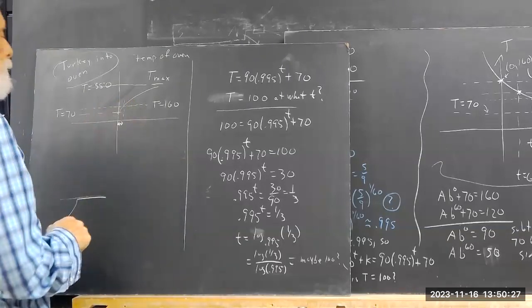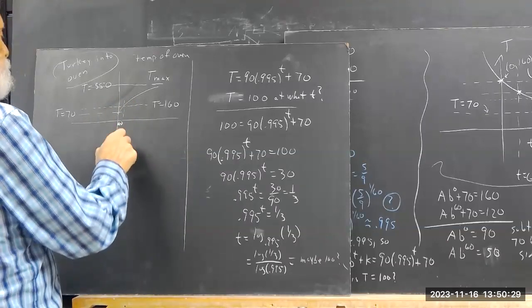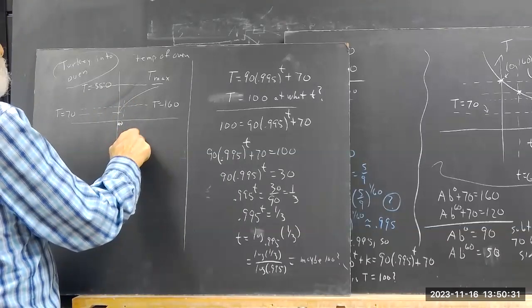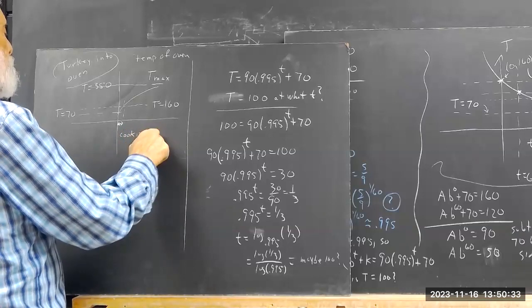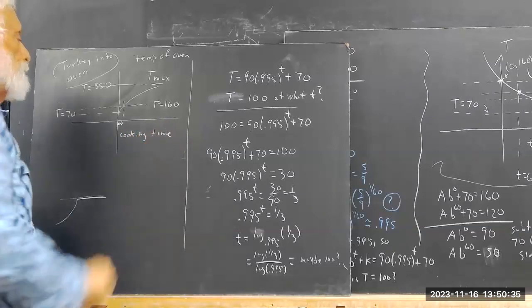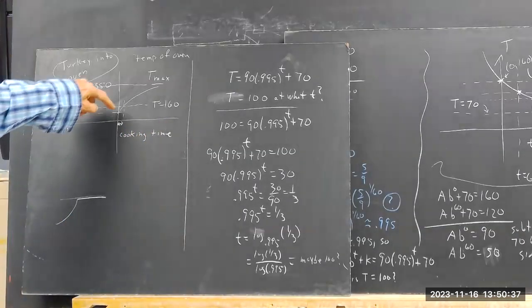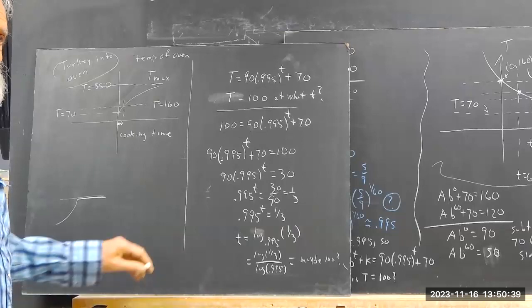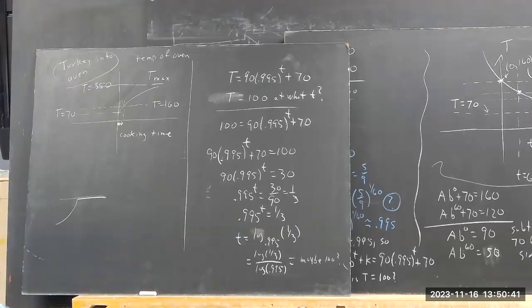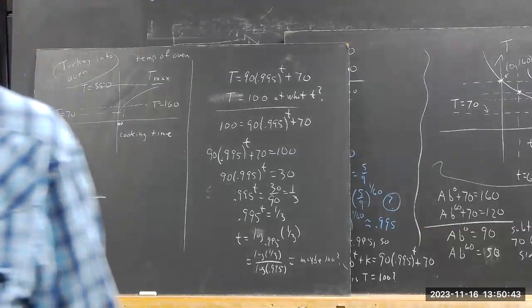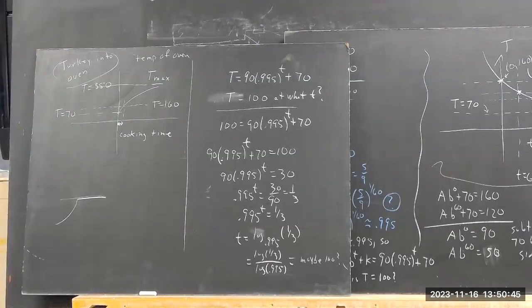The time it takes to get from 70 to 160 is our cooking time. And if we understand this curve, we actually have a little more control of how the turkey comes out.